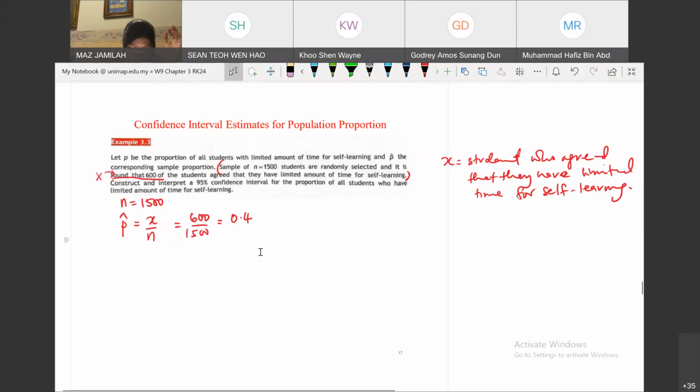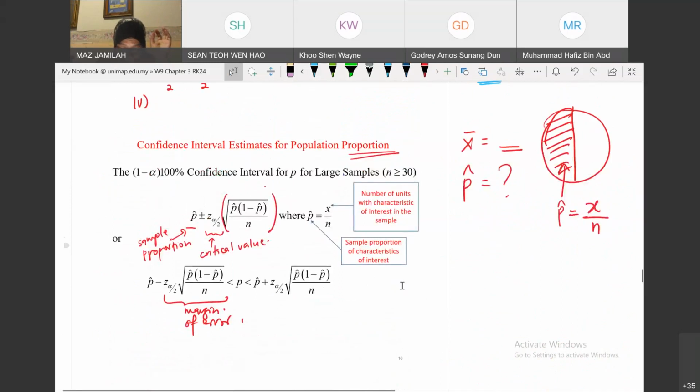Now you need to find the 95% confidence interval. So alpha is 0.05 divided by 2. Unlike the population mean, for proportion this will be the only formula that you need to understand.